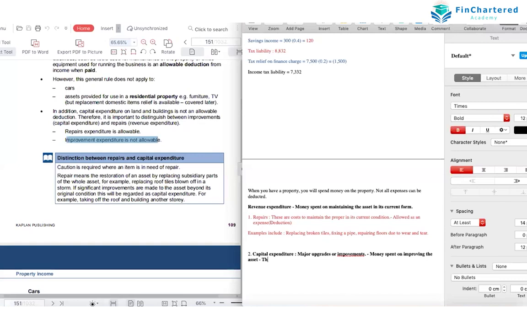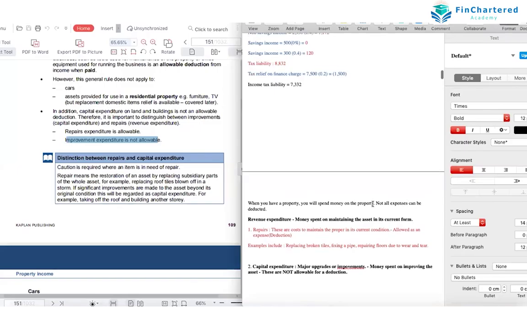But these are not allowable for deduction. So remember, how did I start this topic? I said that when you have a property, you will spend money on it, but not all money spent on this property can be deducted as an expense.